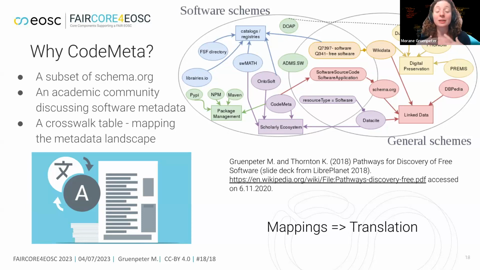This translation makes it possible for us in Software Heritage to index different metadata files, not just the codemeta.json file, and index these properties so that the software can be findable with this intrinsic metadata. Now, I hope that was not too much information.